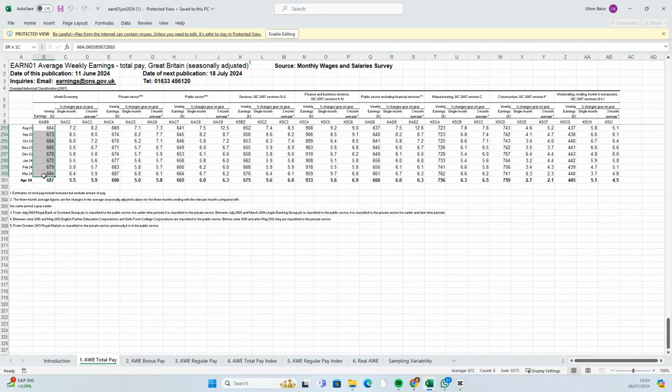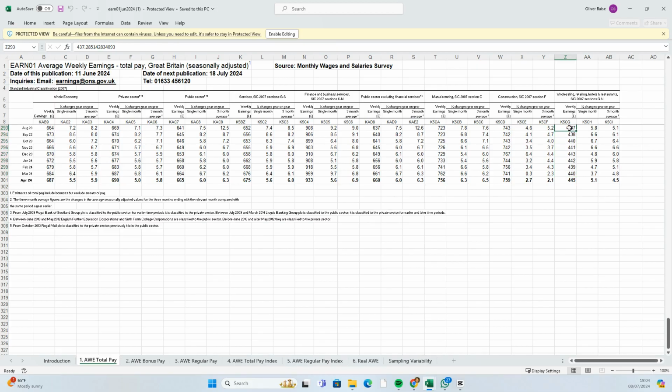So here we do have the weekly earnings. These are the weekly earnings by sector, by industry that you work in.